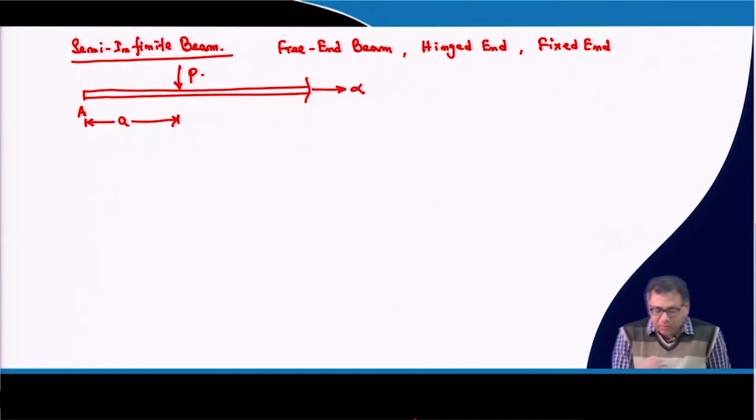So, the idea is how you can solve this problem: we have to apply the boundary condition as the free end. What is the boundary condition as the free end?